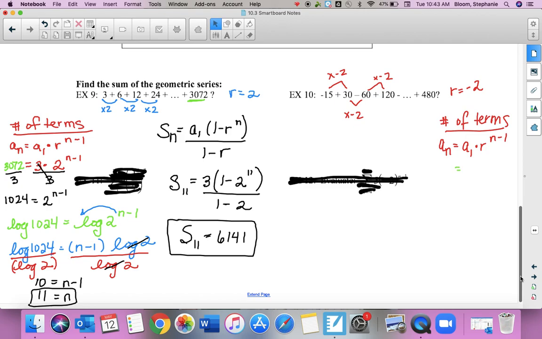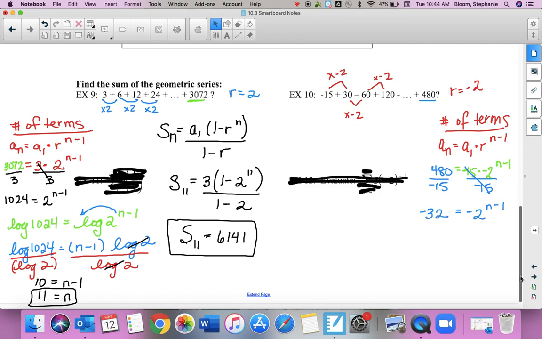I know my first term is negative 15, I know my r is negative 2, and I don't know how many terms I have, but I do know my last term is 480. We're going to divide by negative 15, and I would get negative 2 to the n minus 1 equals negative 32.